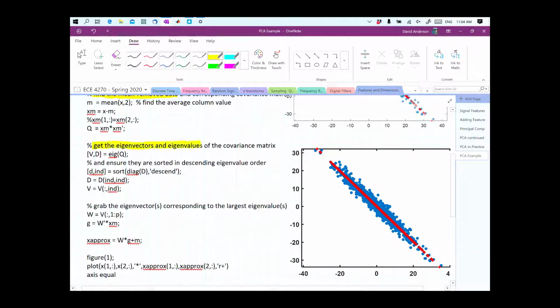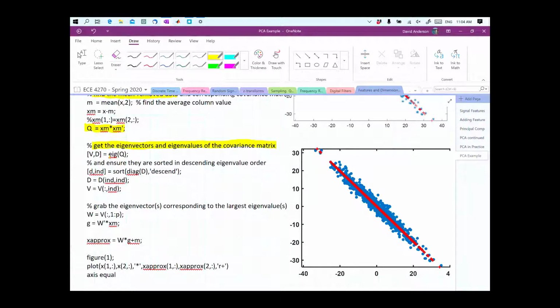Next, we take the covariance matrix, which is Q as defined before. So Q is equal to, in this case, xm times xm transpose, where xm is the mean removed data. And we find its eigenvectors in V and eigenvalues in this diagonal matrix D. MATLAB doesn't always return the eigenvalues sorted, so we're first going to sort them in descending order, largest first.